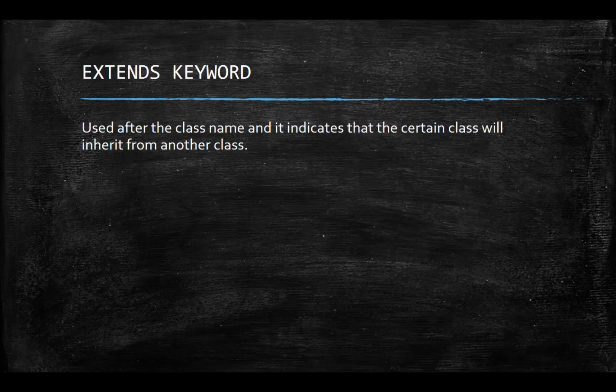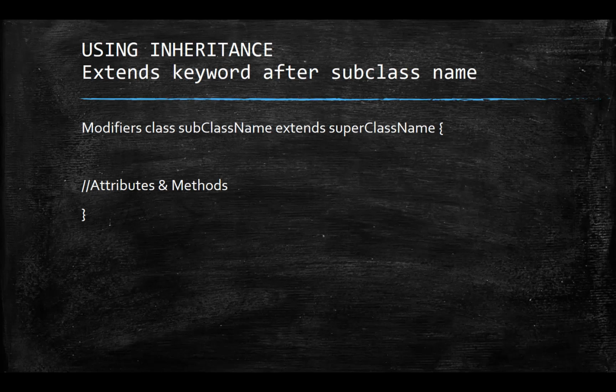If we're going to inherit between two classes, we have to use the extends keyword. It's used after the class name and it indicates that a certain class will inherit from another class. We have here the syntax. Using inheritance, the extends keyword must be located after the subclass name.